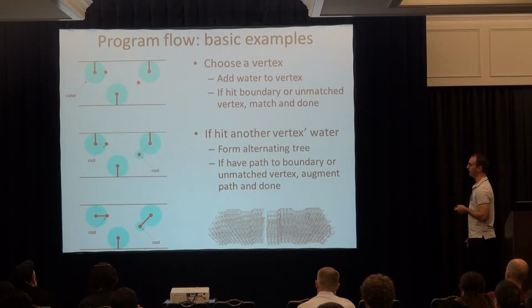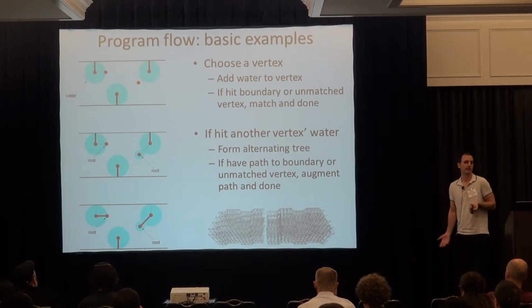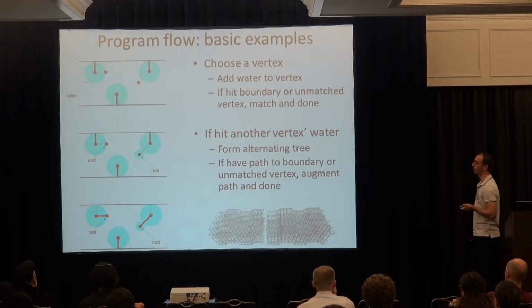Another class of thing that can happen is you choose a vertex, you start exploring, but then you hit another exploratory region. You connect up with something that's already matched, and you have to form an alternating tree. So here is an alternating tree. Here's the root, the unmatched, the matched edge.